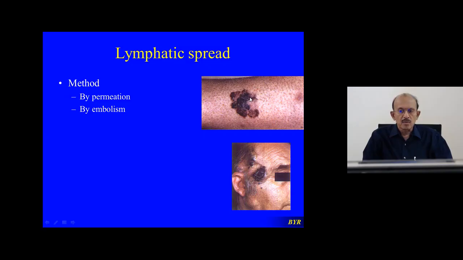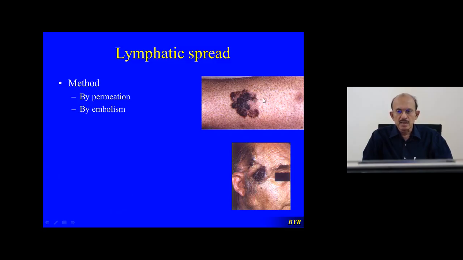If the tumor cells spread by lymphatic emboli, then you will find the masses present in the axilla as lymph nodal masses. But these tumor cells also spread by permeation. Because they spread by permeation, you can see here there is one tumor nodule. That means this is a lymphatic vessel.